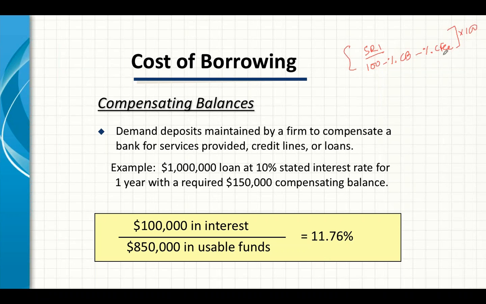In this exercise, this is 0, no problem, there's no commitment fee here. But if the commitment fee is also there besides the compensating balance, then it is the stated rate of interest divided by 100 minus percentage CB minus percentage commitment fee, into 100. This will give you the effective rate of interest.